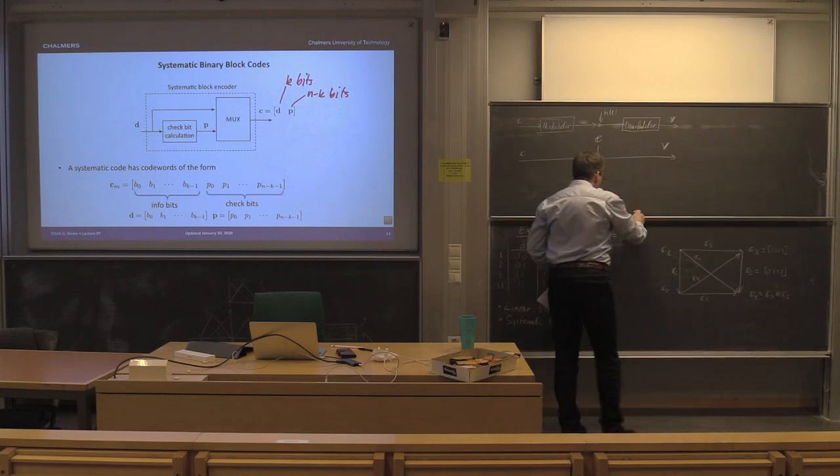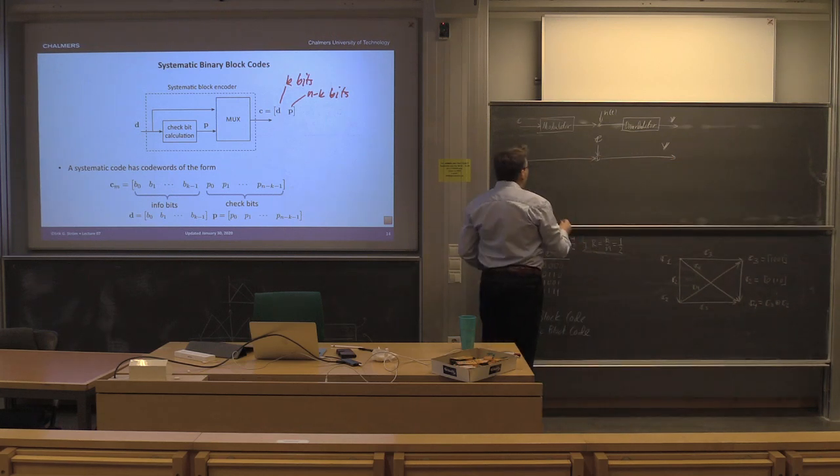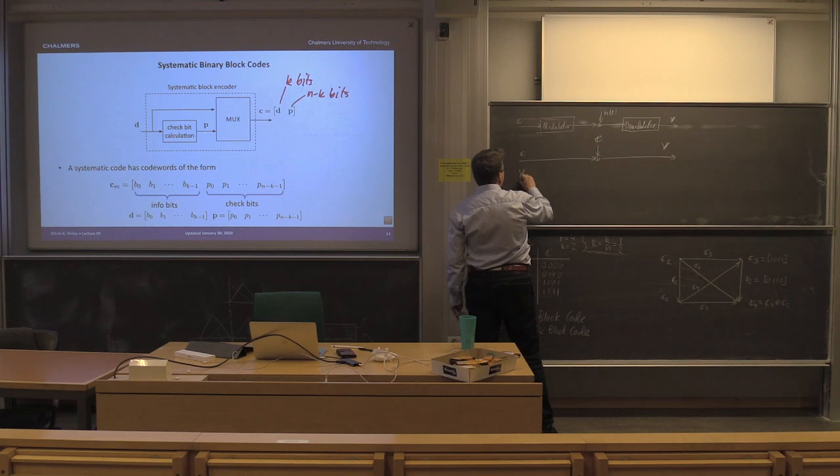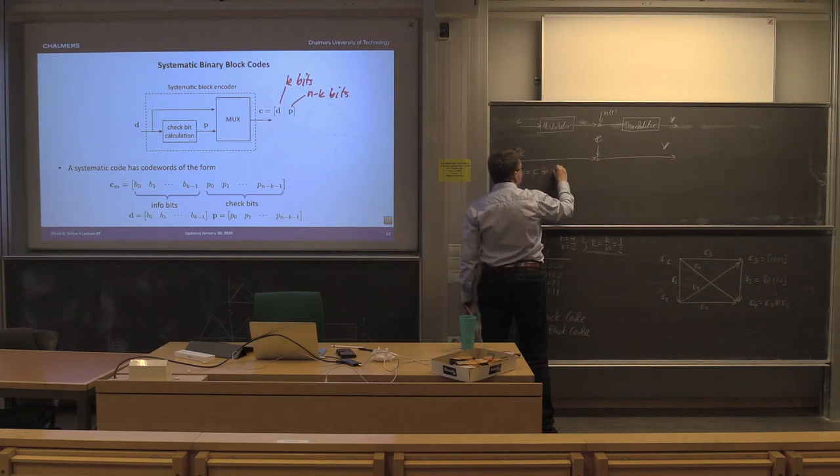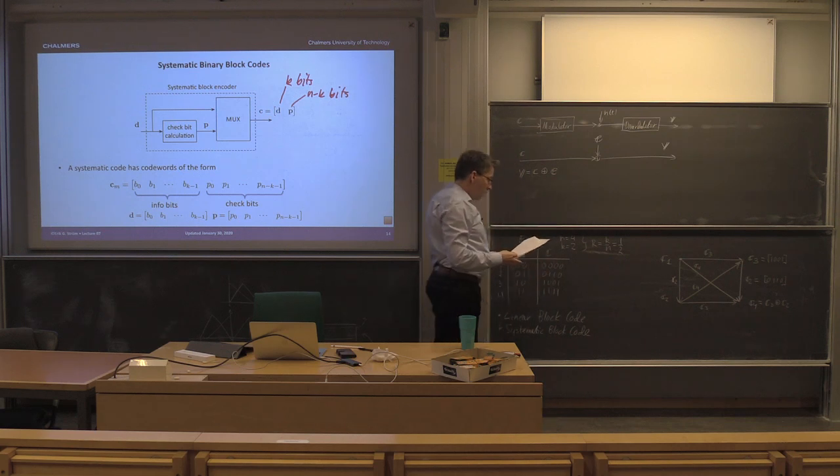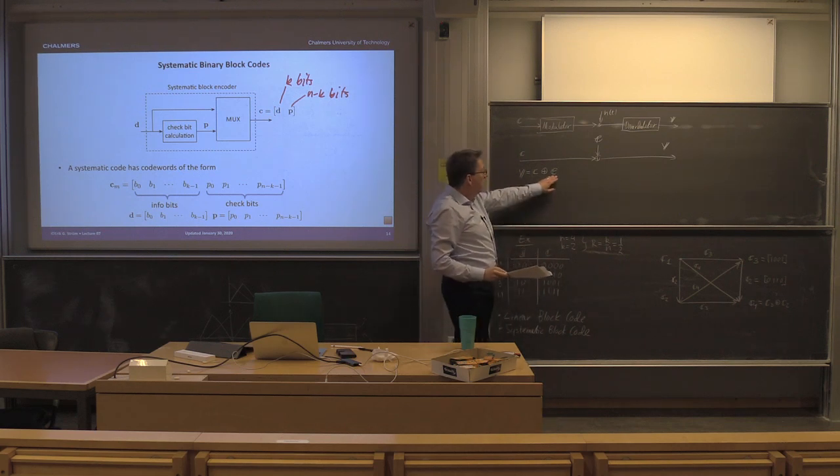So y, the output, is equal to c modulo 2 addition with e. And e then is a binary pattern, and wherever there are ones in the e vector, the corresponding bits in c are flipped, since modulo 2 addition with 1 flips the bit.